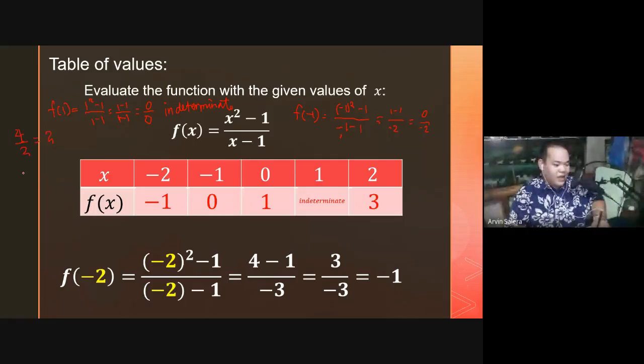If we have 27 divided by 9, the answer is 3. So if we reverse it, 2 times 2, the answer is 4. 3 times 9, the answer is 27. It reverses, right?